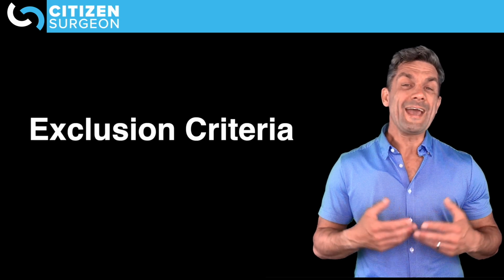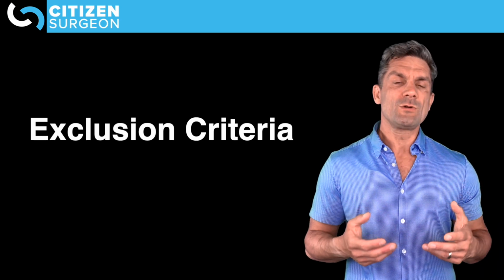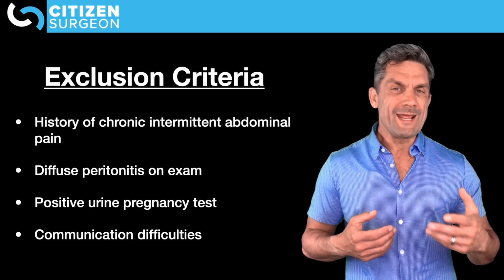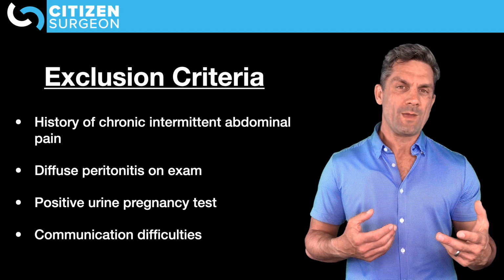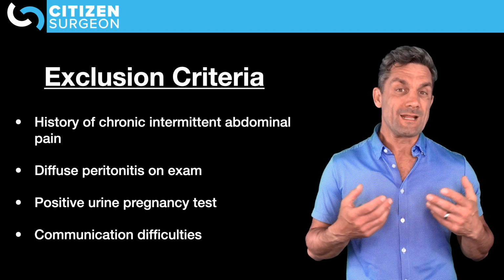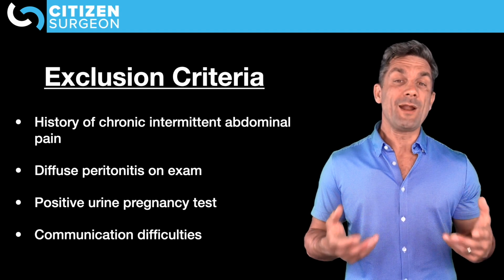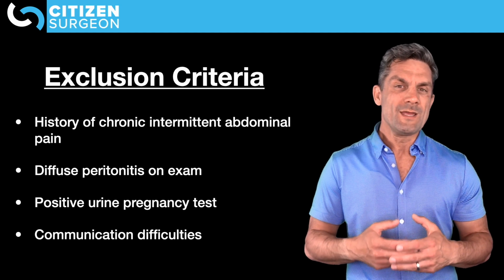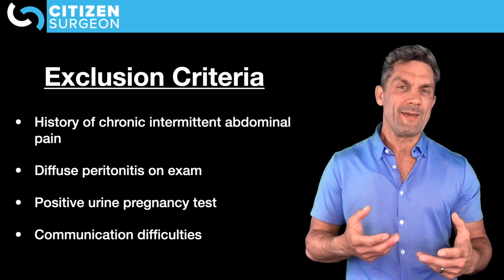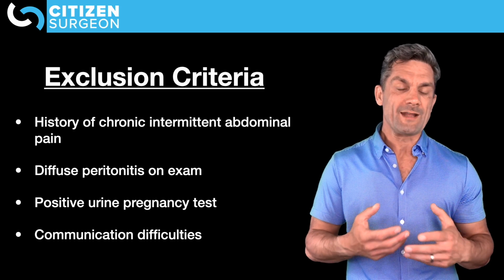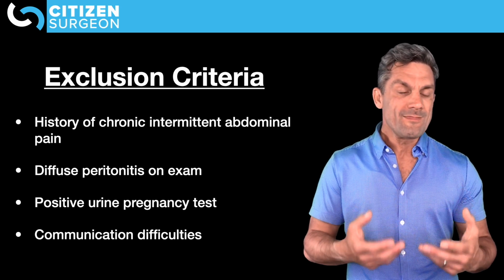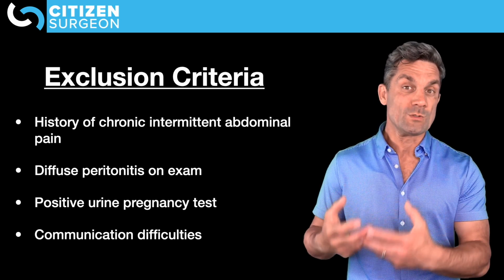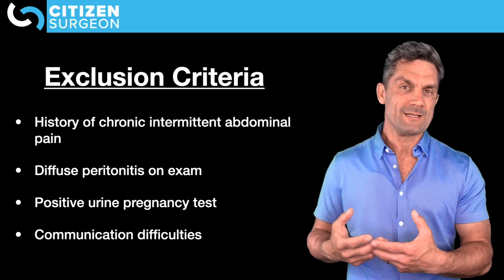Now, what are the exclusion criteria? So the exclusion criteria included having chronic intermittent abdominal pain, okay, having diffuse peritonitis on exam, having a positive pregnancy test, or having communication difficulties, okay? So if they weren't happy with communicating with the patient, explaining what the risk factors were and what the outcomes could be, then they proceeded to surgery, as that is the gold standard for acute appendicitis, okay?